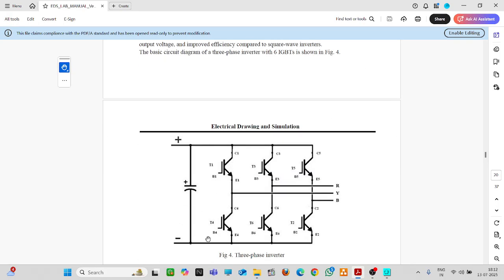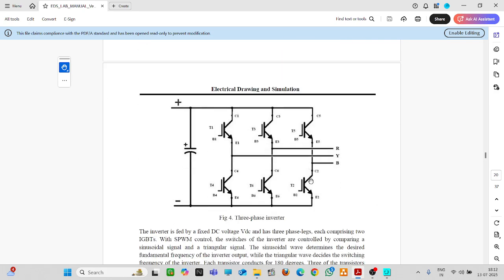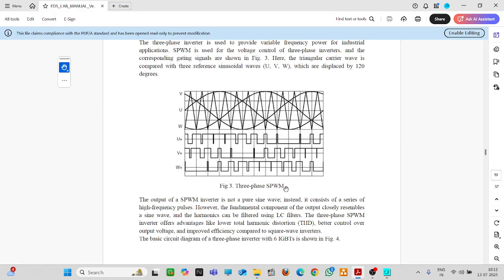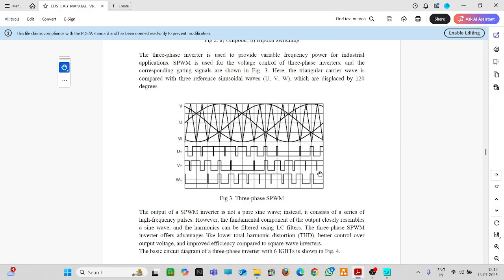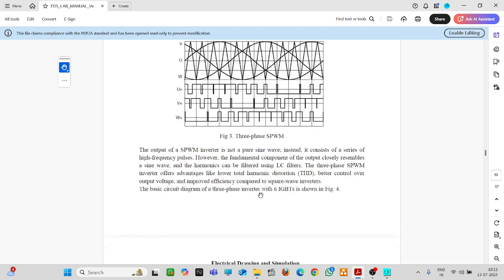So for some duration, the upper switches will be on, and for the other duration, lower switches will be on. That is called unipolar switching. But we are more interested in the bipolar switching. So we'll be simulating the three-phase SPWM inverter using PSIM.